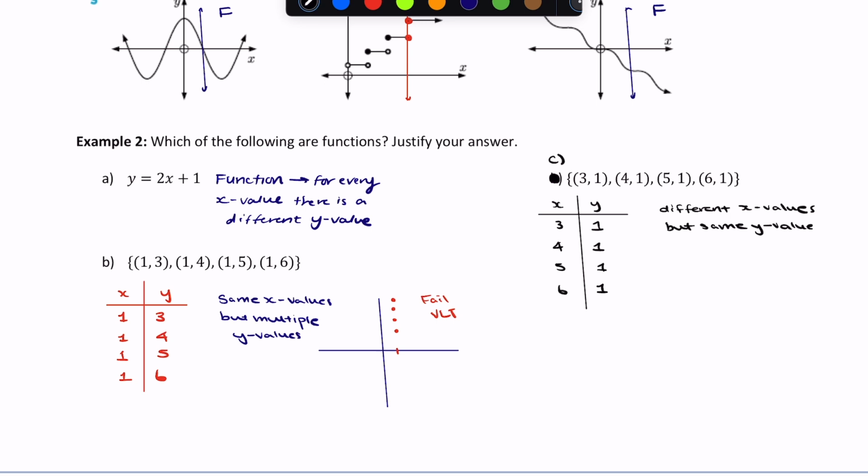And that still means that it is a function, because if you look at the graph, it would pass the vertical line test, because here x is equal to 3, y is equal to 1, x is equal to 4, y is equal to 1, and so on. And so here, if you drew a line, it would pass the vertical line test.